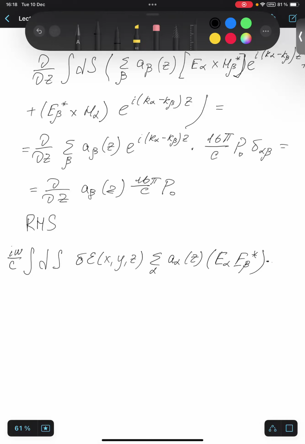And I almost forgot the exponent i (k alpha minus k beta) z.